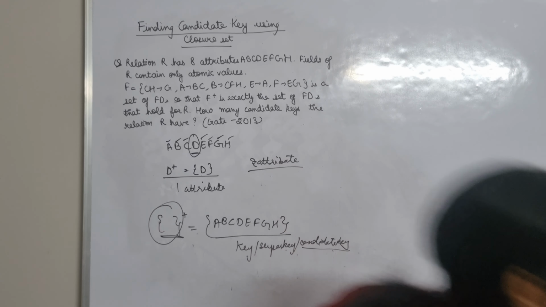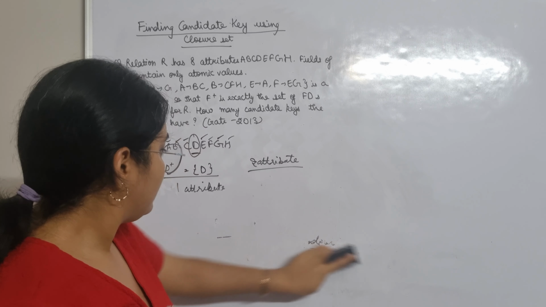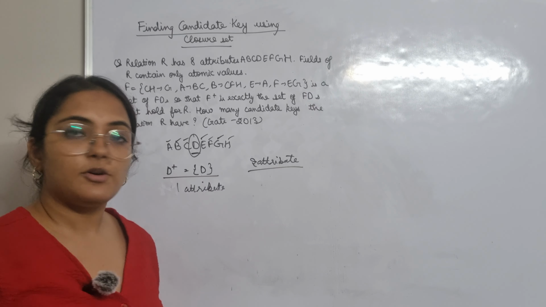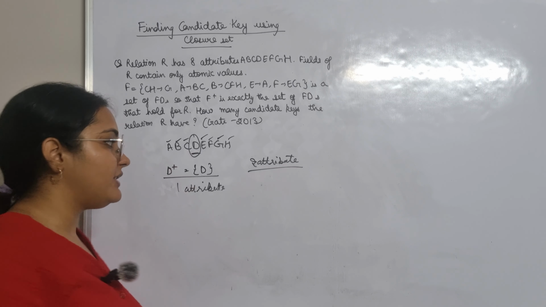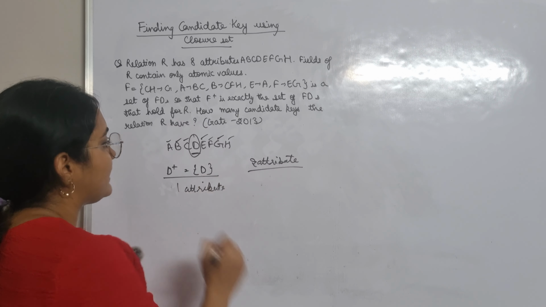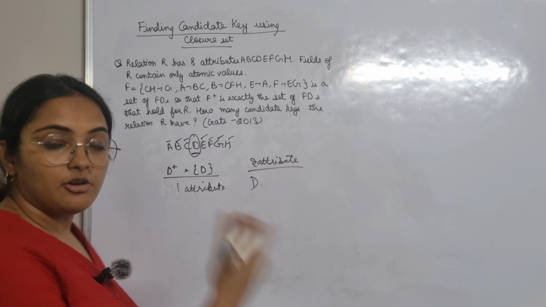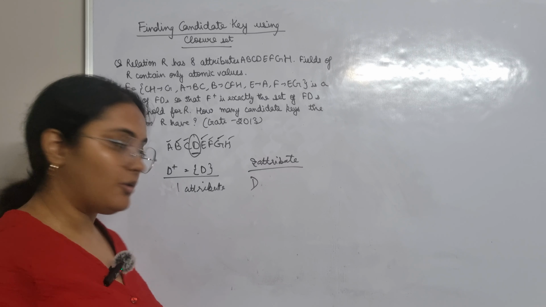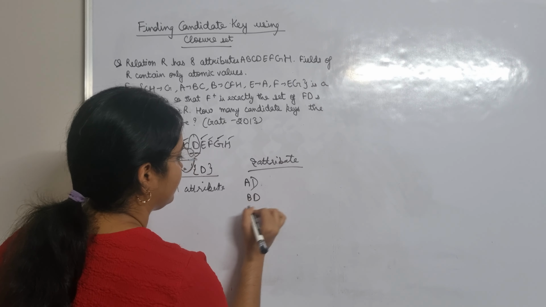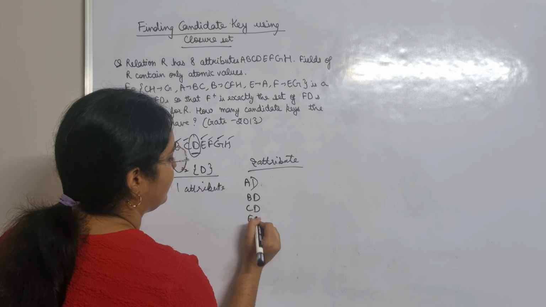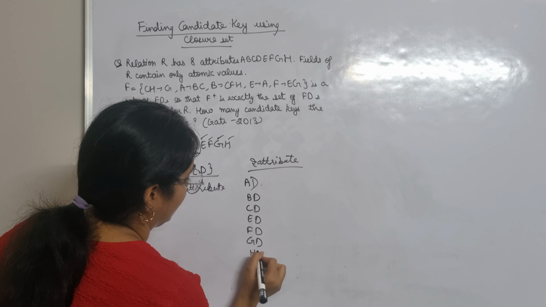Okay, yes. If you see, one attribute with D is not possible. D is able to determine only D. We are looking for the set of attributes that determine everything. So for 2 attributes, D definitely has to be there. Anything else we can add, but D definitely has to be there: AD, BD, CD, all combinations with D, ED, FD, GD, HD.